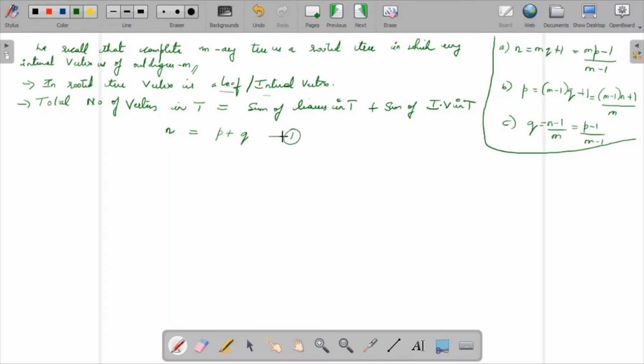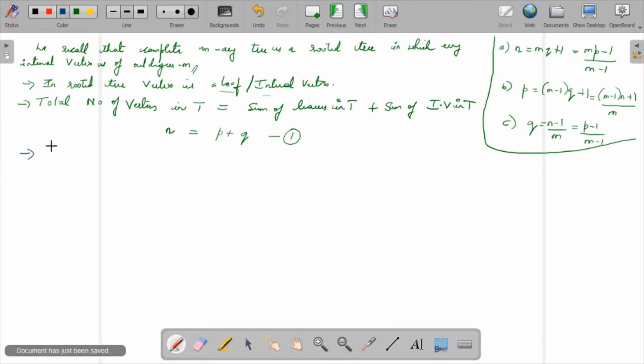And after that, let us find the sum of out degrees of vertices of T.